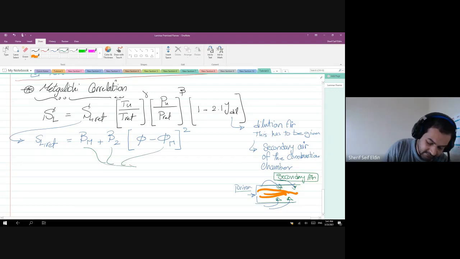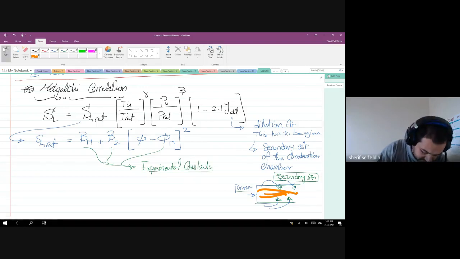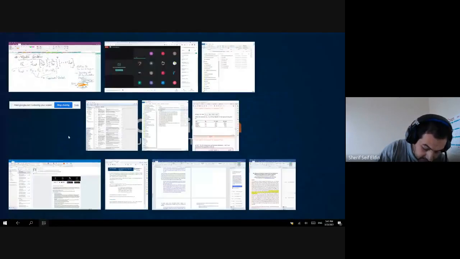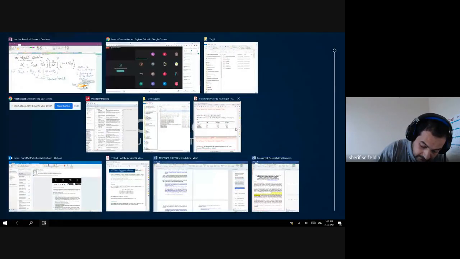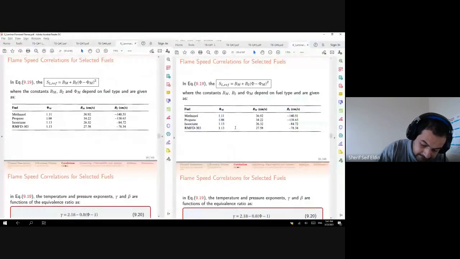Those are experimental constants. They should be obtained from this table only, here.